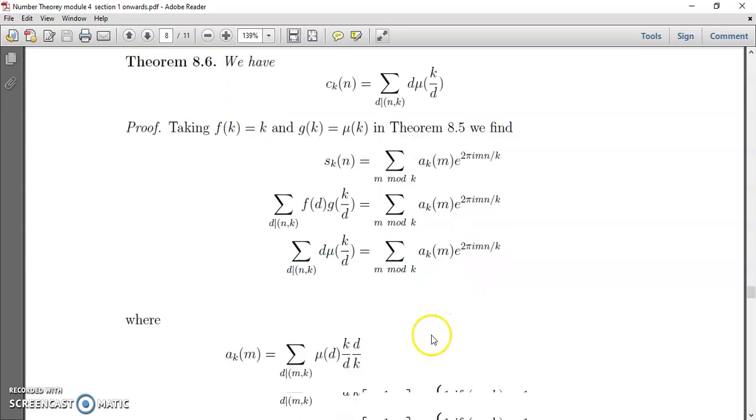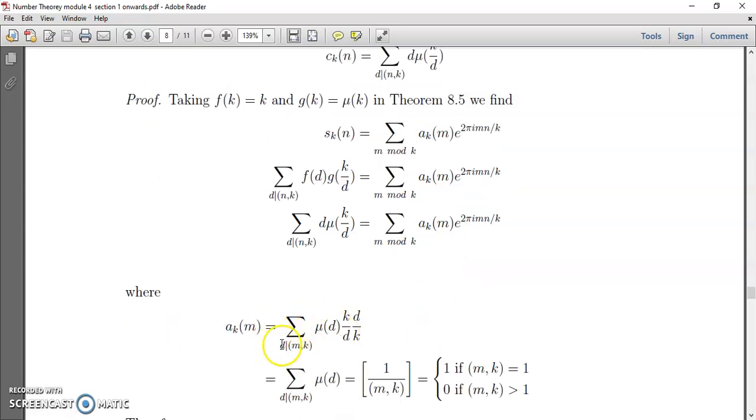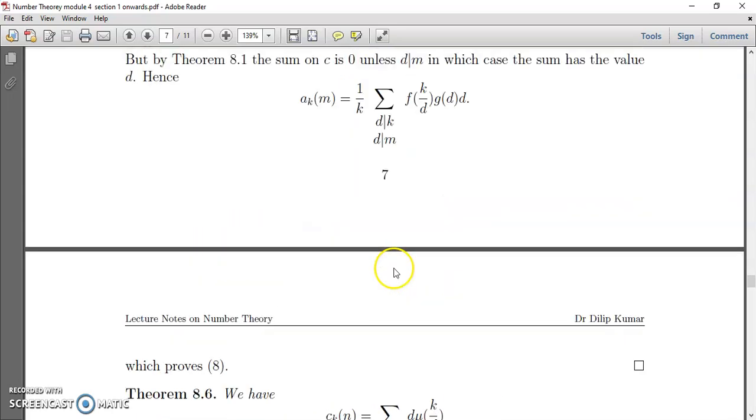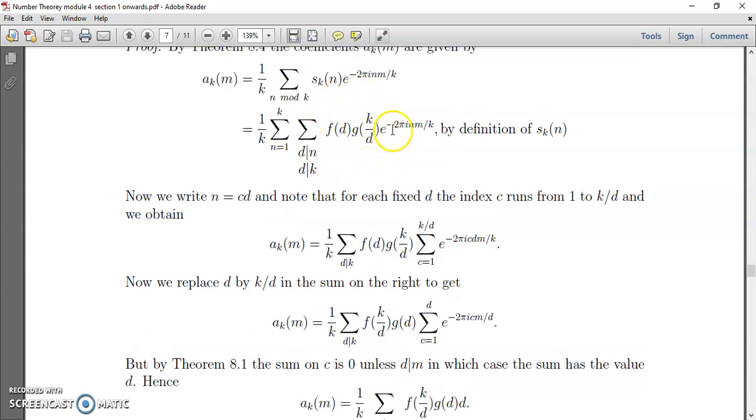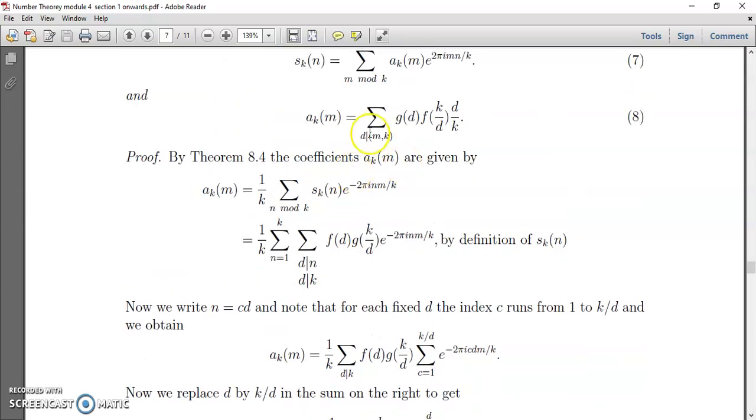where a_k(m) is given by sigma d divides gcd(m,k) mu of d, k by d, d by k. How? This is because in the theorem we had that a_k(m) is equal to sigma d divides gcd(m,k) g of d f of k by d, d by k.